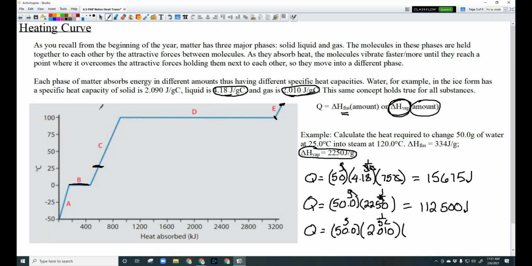Now it's at 100 degrees, so we go from 100 to 120 right here. That's a change of 20 degrees Celsius. Celsius cancels, grams cancels, leaving only joules.